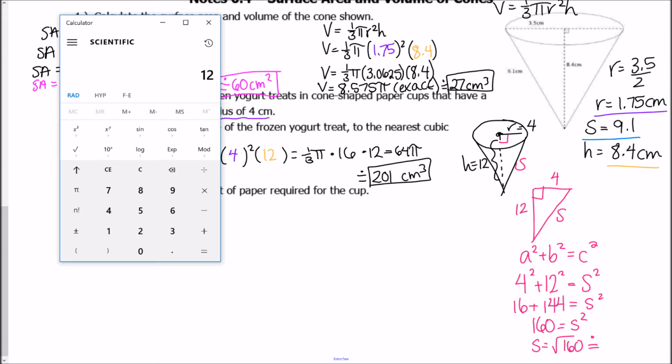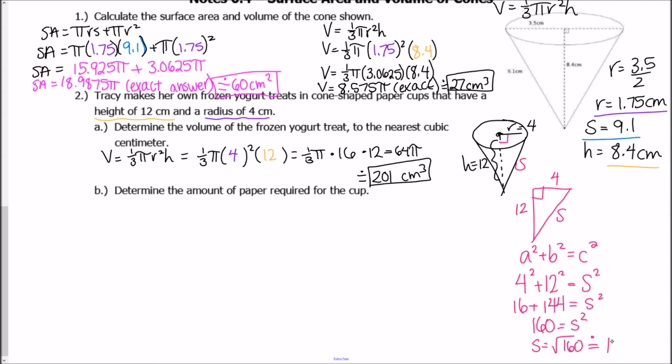So let's just double check all of our work is correct. 12 squared plus 4 squared is 160. I'm going to square root it, and I'm going to have a bunch of digits for this so I have a more accurate final answer. So I'm going to say 12.64911. Okay, so right here, 12.64911 is going to be my slant height.